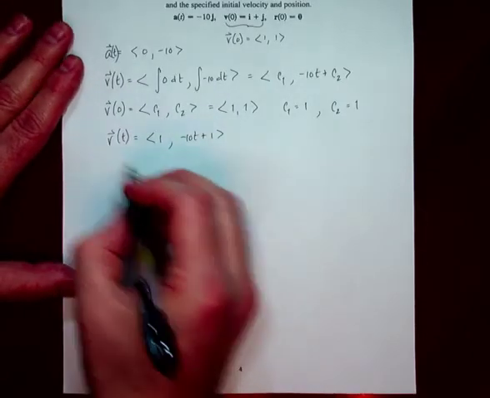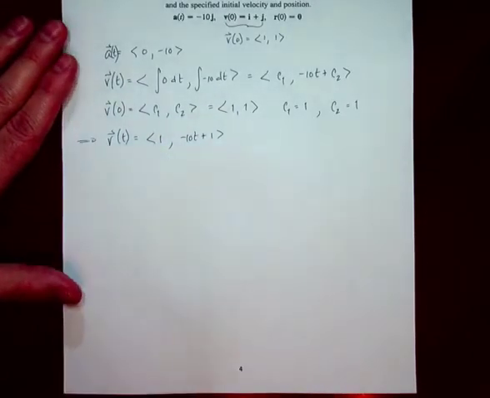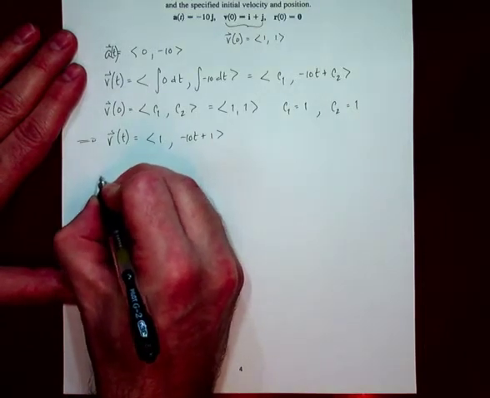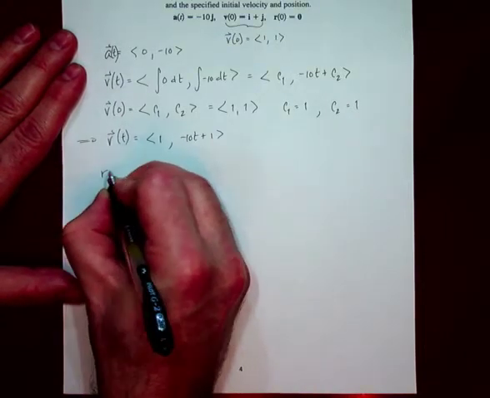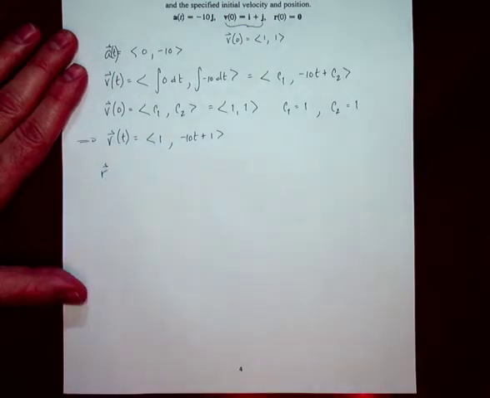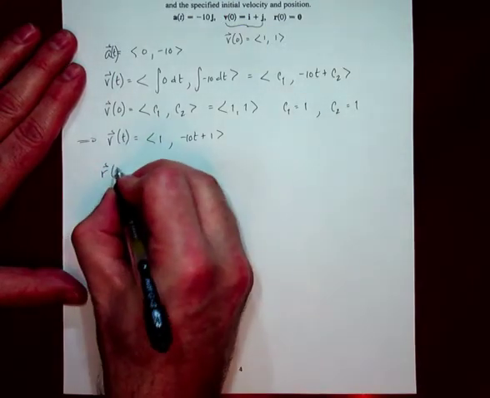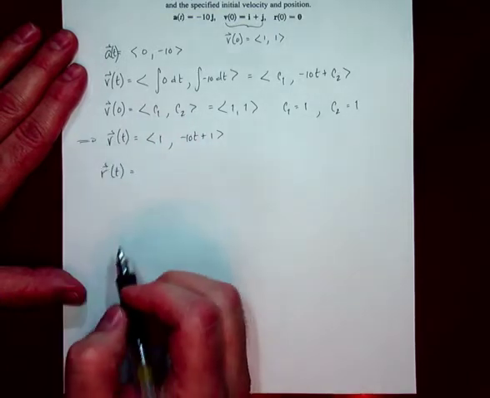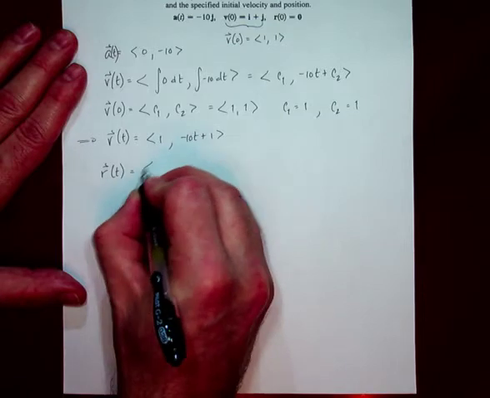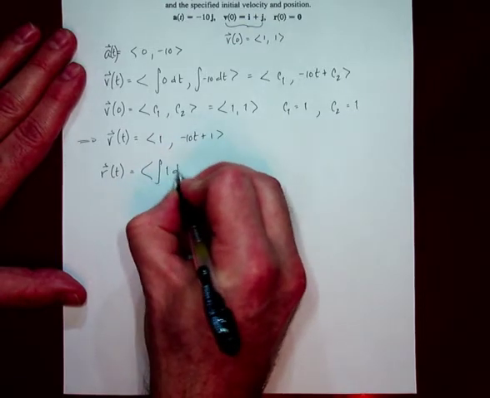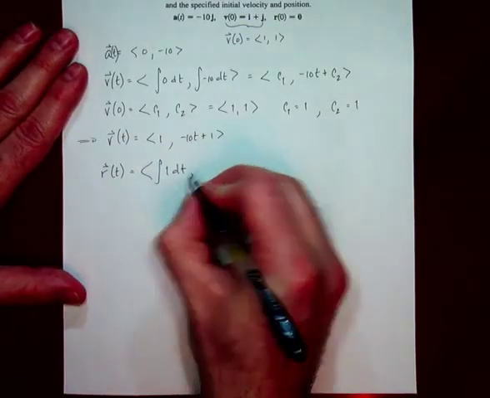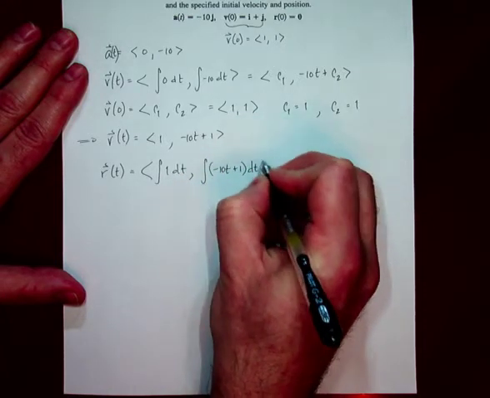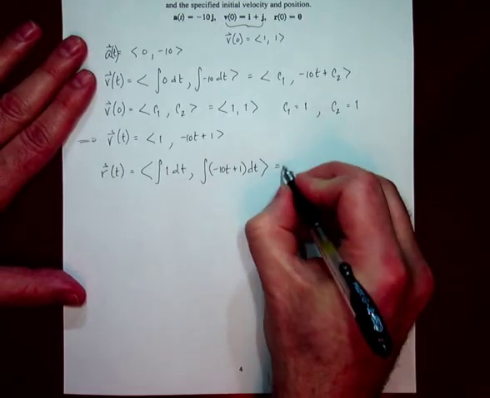Now, I have gotten to here, and now I need to get to the position vector. So I need to anti-differentiate again. And so what we have here is my r, and I know my r's look like my v's. I should really do something about that. Maybe I should use capital R's or something, but this is r, and that's a v. What happens here is I need the antiderivative of 1 dt, and I need the antiderivative of -10t plus 1 dt, which shouldn't be too tough.